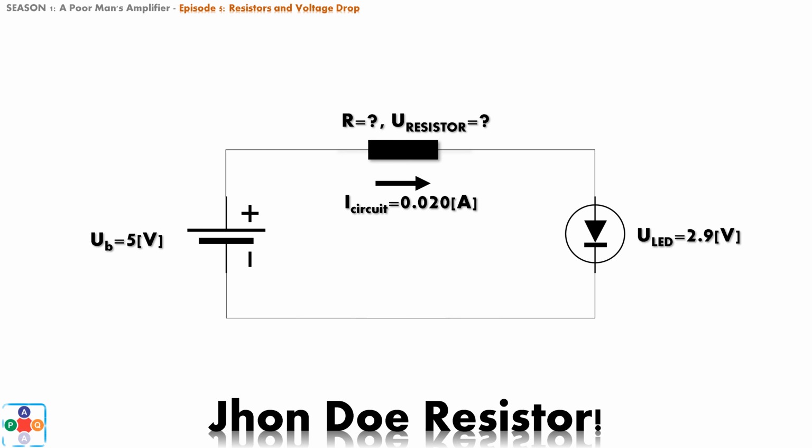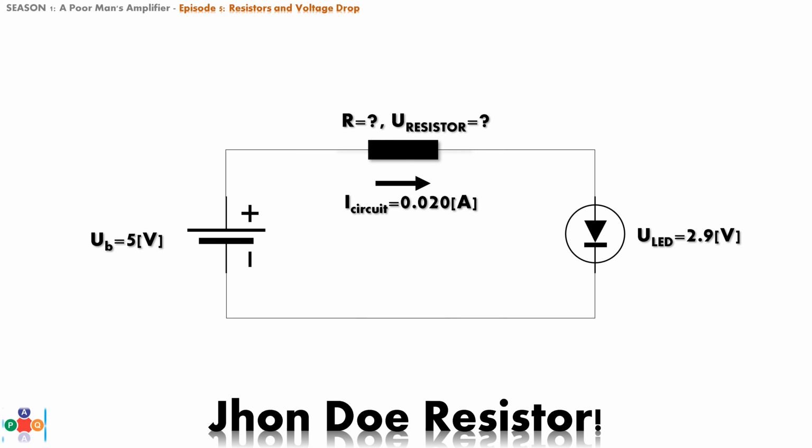From LED specifications, we have learned that when 20 milliamperes of current runs through circuit, there is 2.9 volts of potential difference that develops between LED terminals. On one hand, we have 5 volts power source, and on the other hand, we have 2.9 volts of voltage drop across LED terminals.